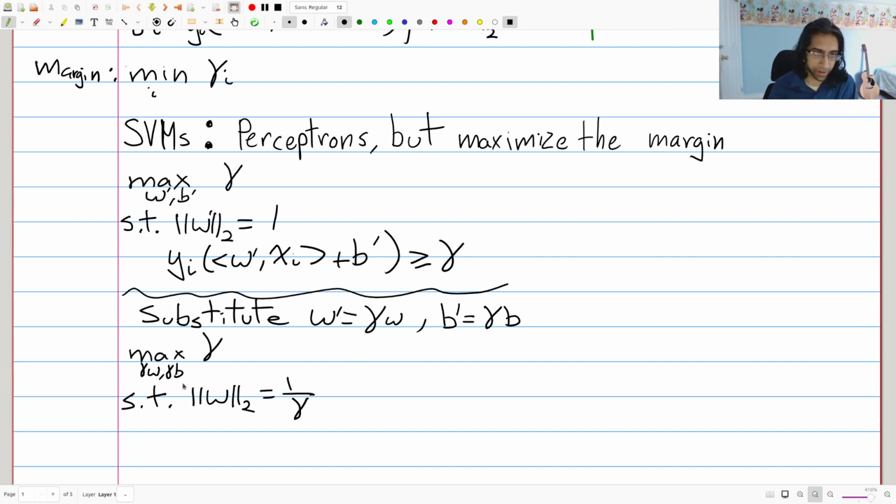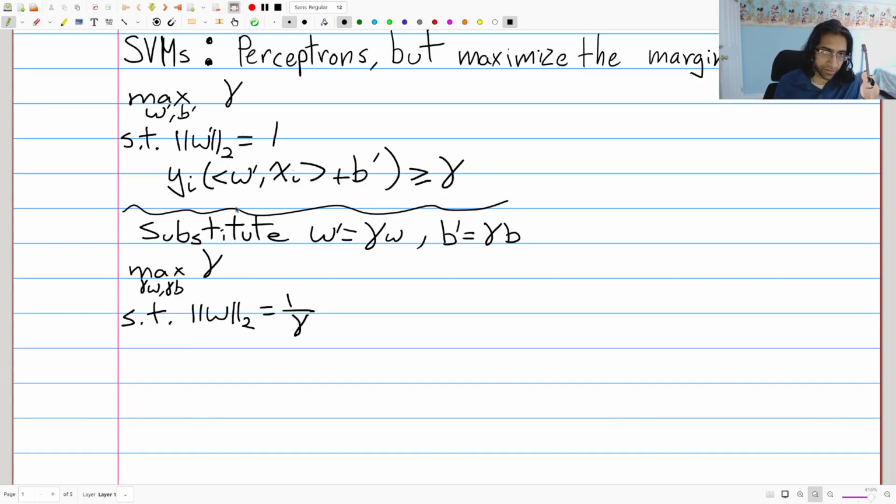The other constraint we're going to have is the following, just substituting in both w prime and b prime in here. Then we have that y_i times the inner product of gamma w with x_i, plus gamma times b, is greater than or equal to gamma. What we can do is just divide the whole thing through by this gamma factor.